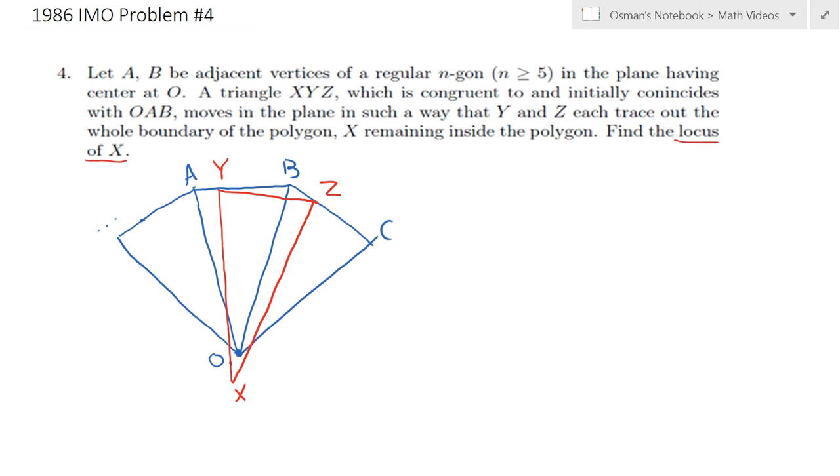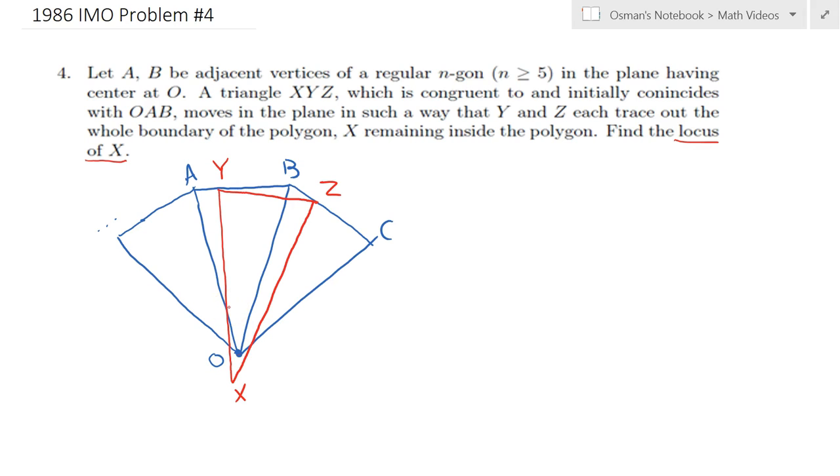Obviously, each 360 divided by n degree rotation, if for example Y started at point A and Z started out at point B, then Y and Z will move and then they will reach point B and C respectively, and so on. So you can imagine that X will start at that vertex O, and then it will somehow go away from O, and then it will come back periodically, n times.